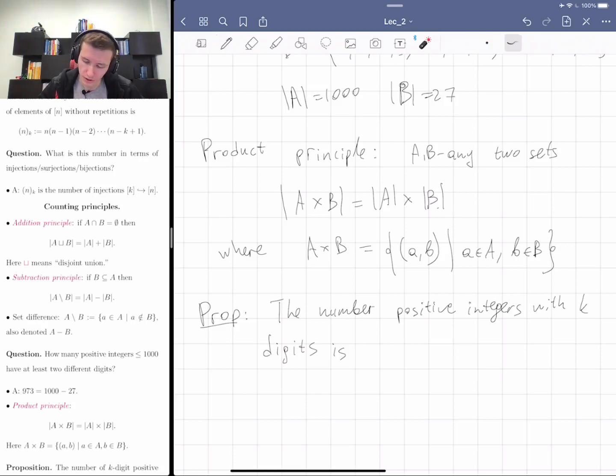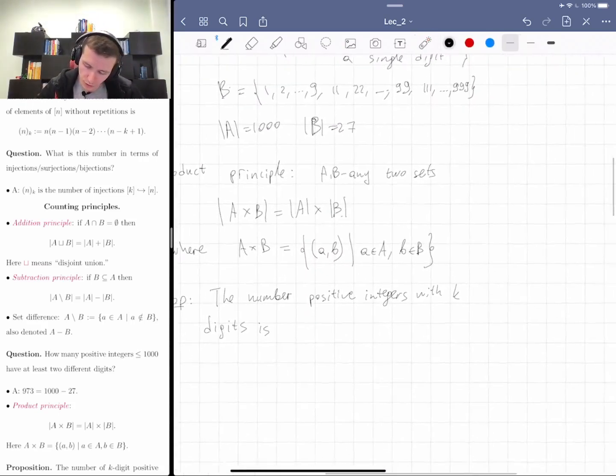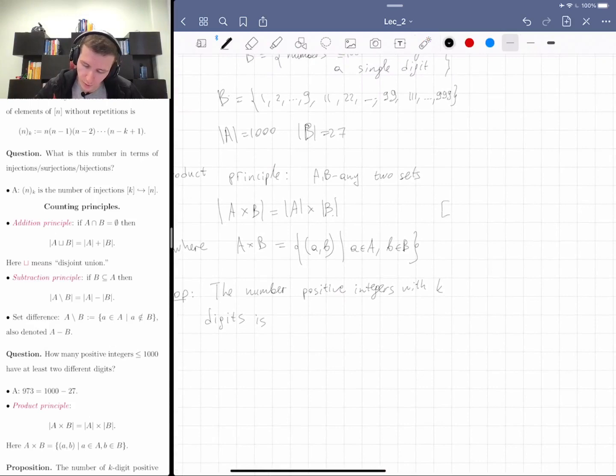When you consider these ordered pairs, the order matters. So maybe I should write down an example. Let's say I take {1,2,3} times {1,2}, and what I get is the set of pairs, which is going to be (1,1), (1,2), (2,1), (2,2), (3,1), and (3,2).